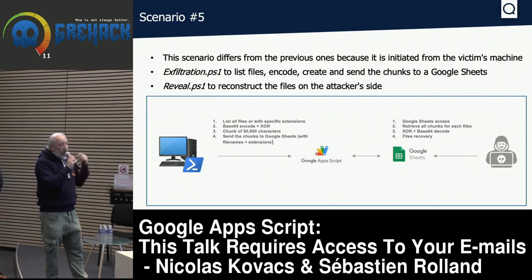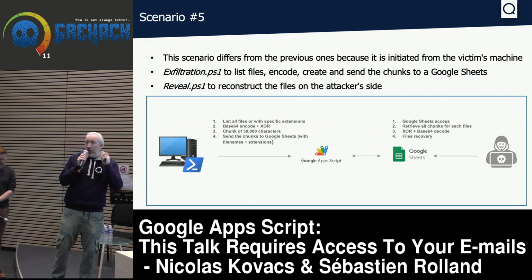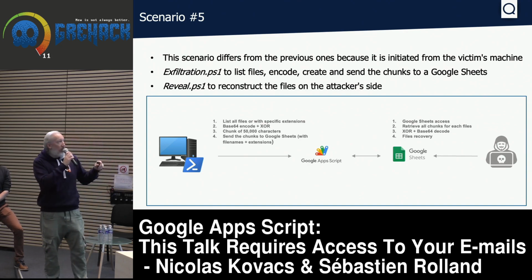This scenario is pretty different because in the other scenarios, you use Google App Script to perform some action, and the victim accesses your application, accepts it, and at this moment there is some attack. Here it's different because it is executed on a computer of a victim.